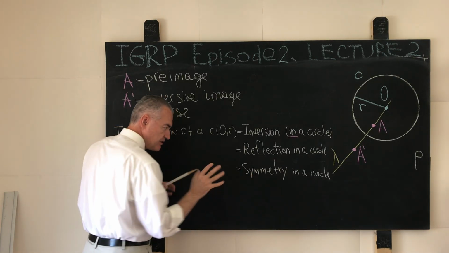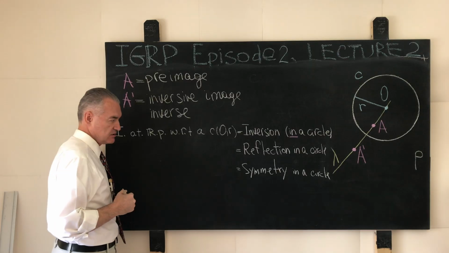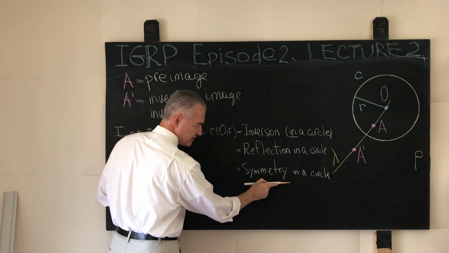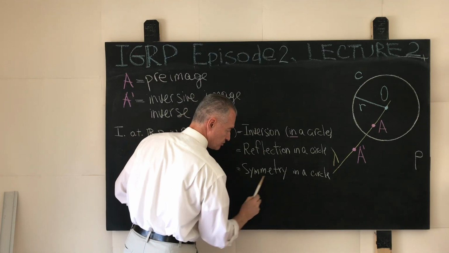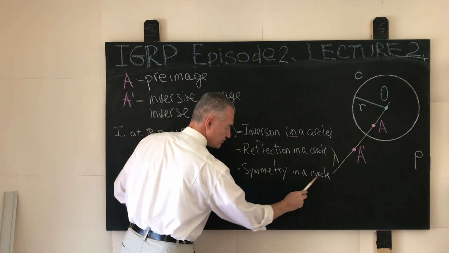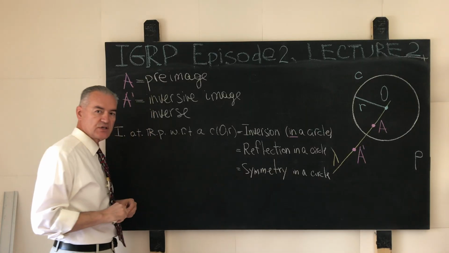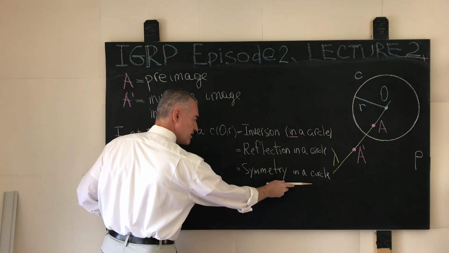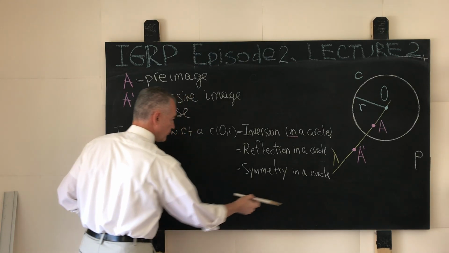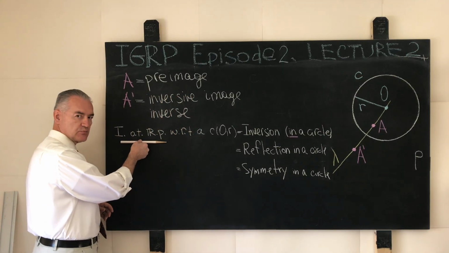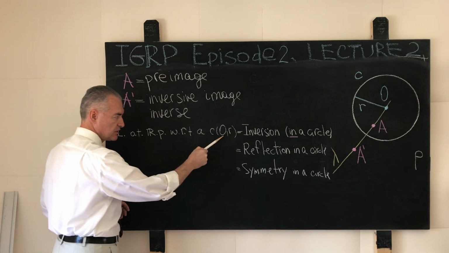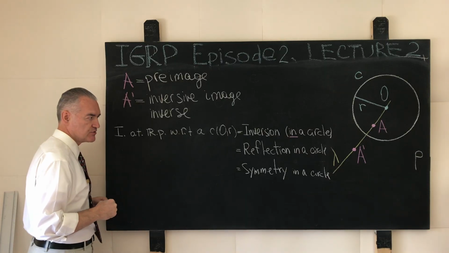The word symmetry can have several different interpretations, but still, when you hear the phrase symmetry in a circle, you can pretty much rest assured that this is yet another terminological synonym for this long, technically accurate but cumbersome phrase, inversion of the real plane with respect to a circle, blah, blah, blah. You know the drill.